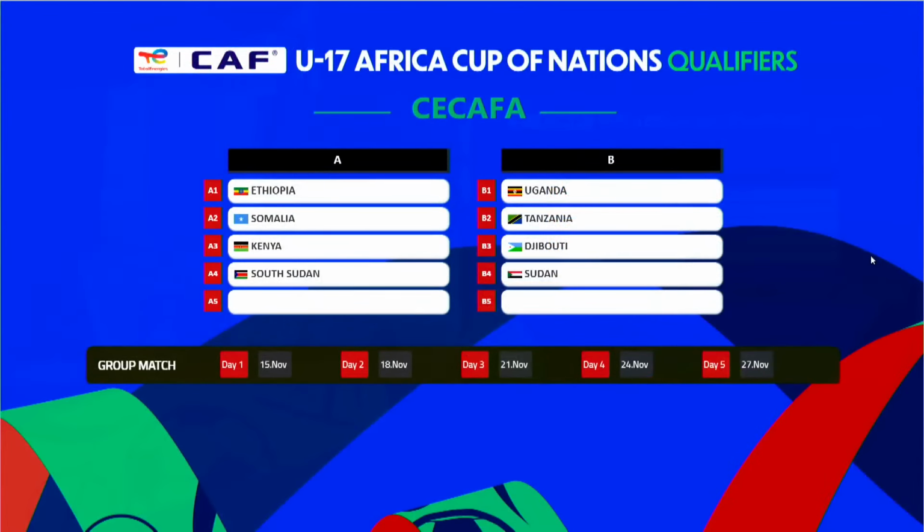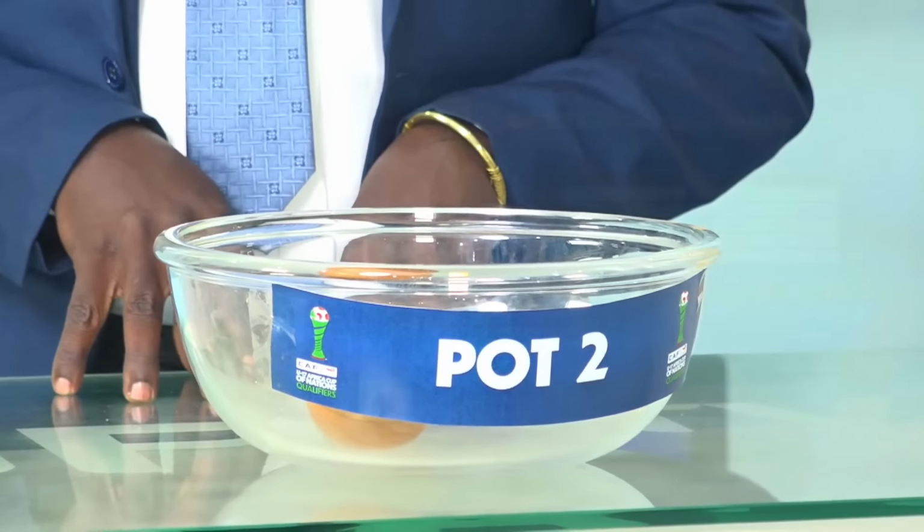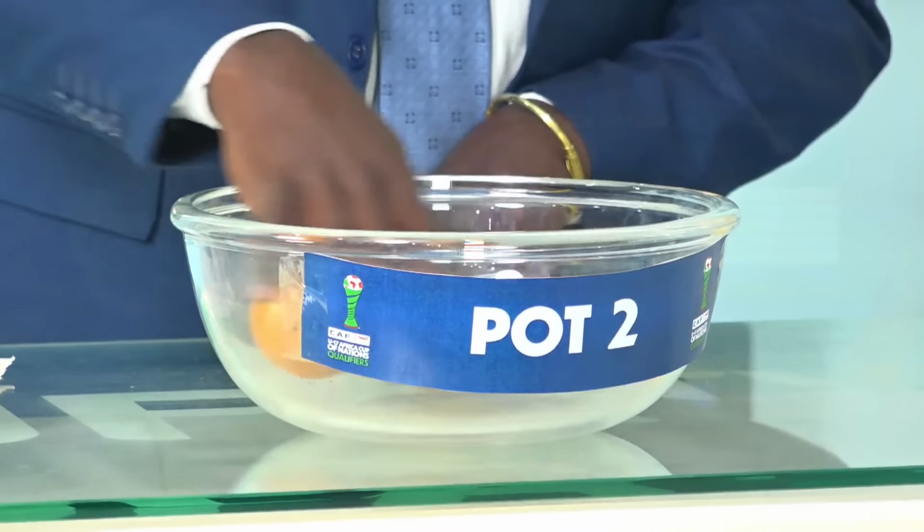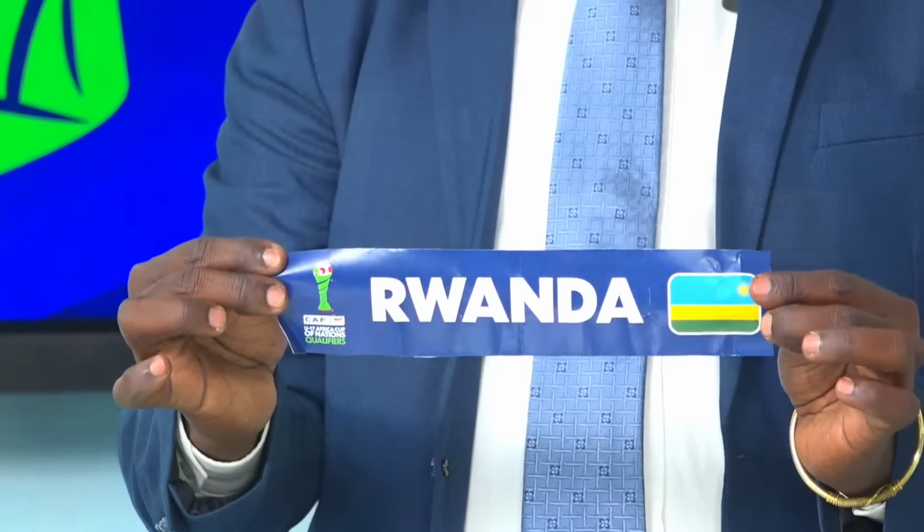And the fifth ball that I will pick from Pot 2 will go to Group A and will become A5. That is Rwanda.